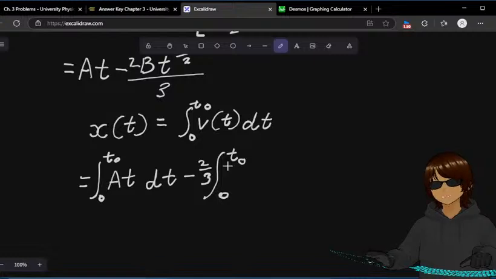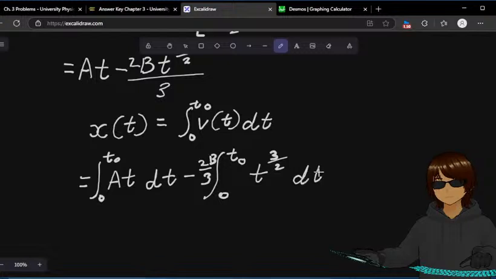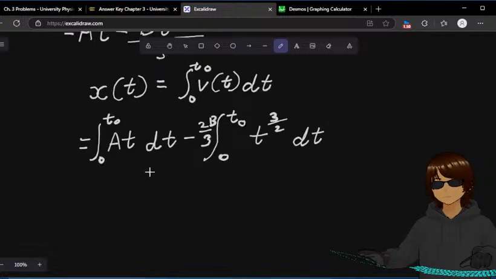A is a constant, so is B, so I can just bring that outside.